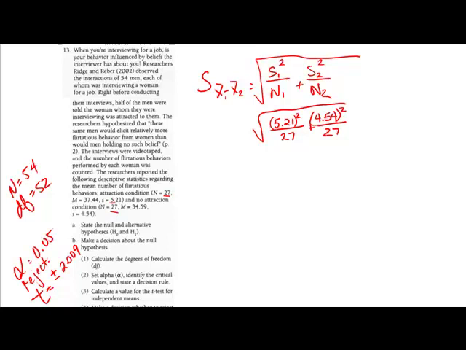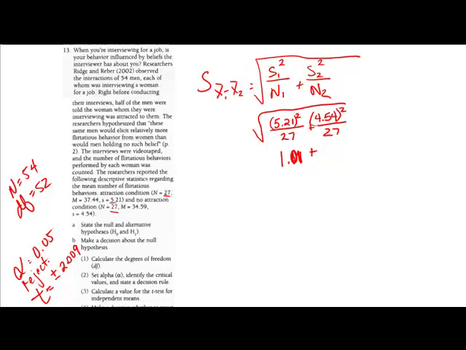Divide that by 27, and I have 1.005, 1.01. Okay, let's go ahead and add that to 4.54 squared.